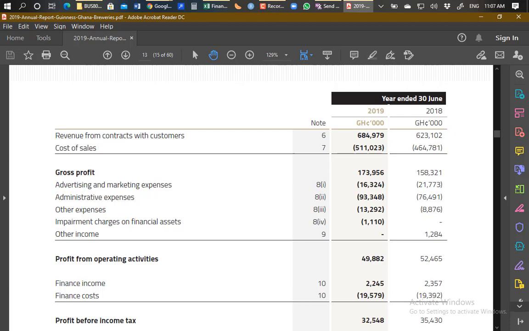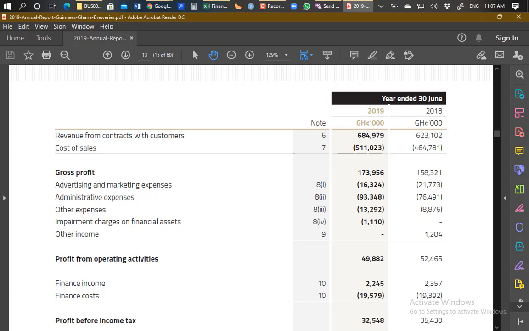So this cost of sale is the cost of producing and making all the bottles of Guinness available for sale. All those costs are very close costs to the product itself.